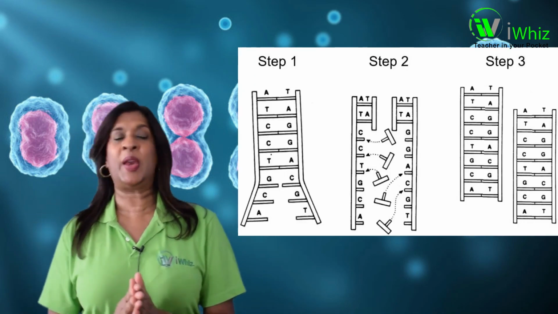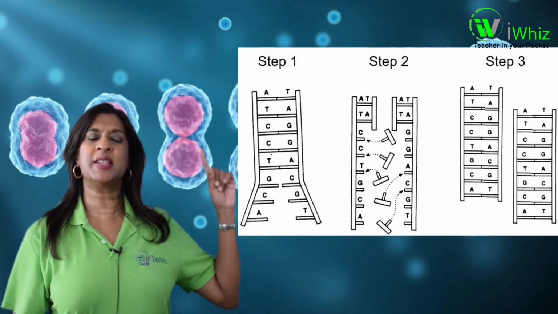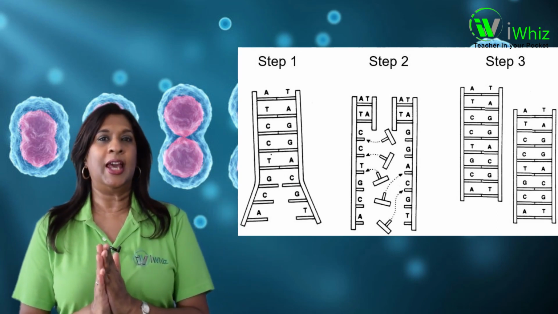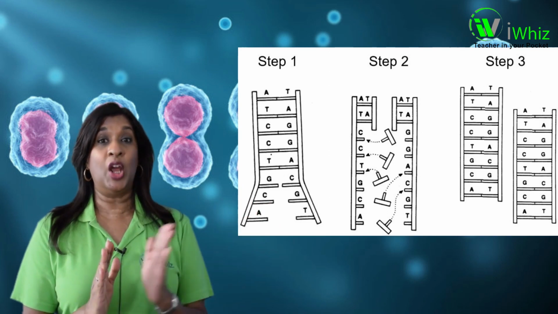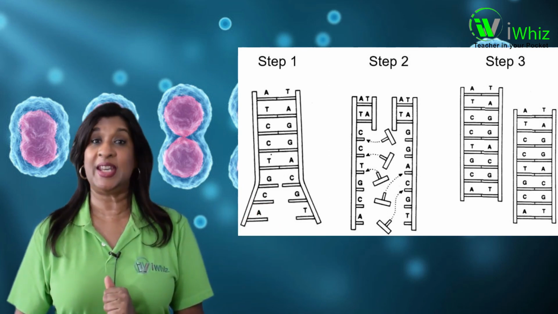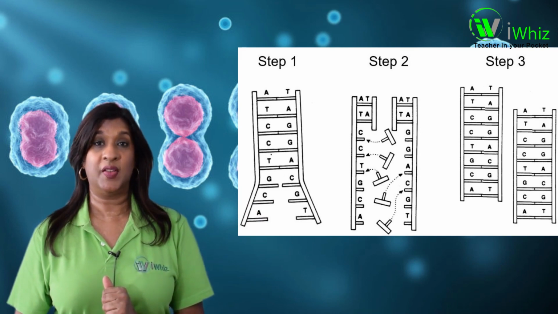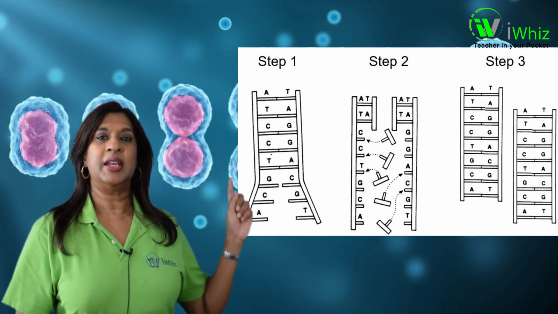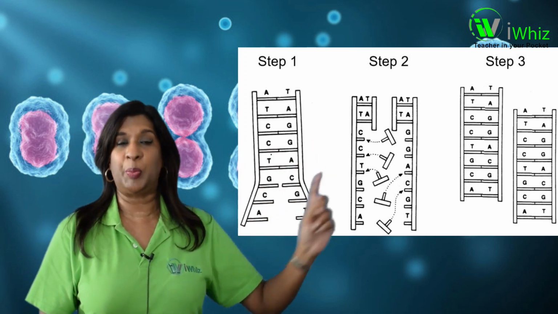Let's look at another question. Right, and we're going to look at some diagrams. And this question says, below are 3 steps in DNA replication. Right, so let's look at them. They're labeled step 1, step 2, and step 3.